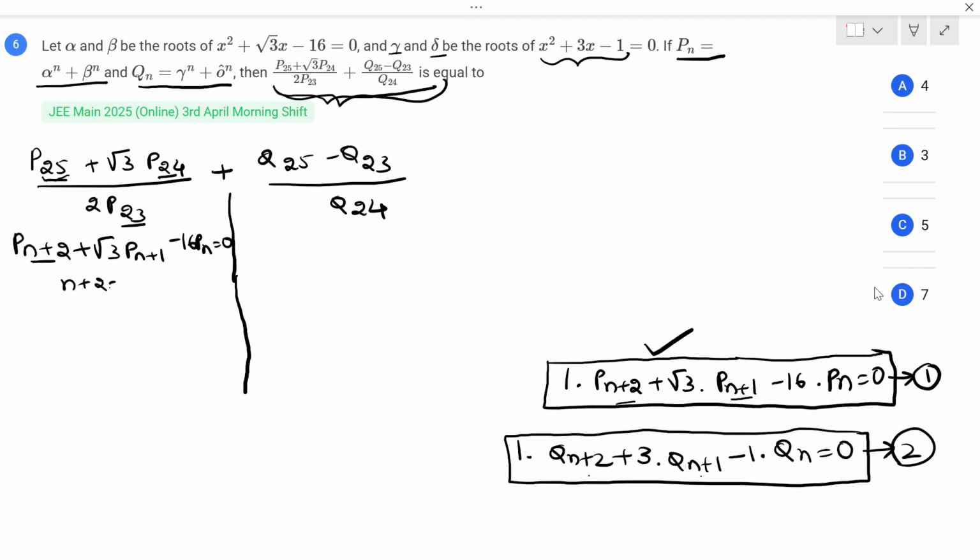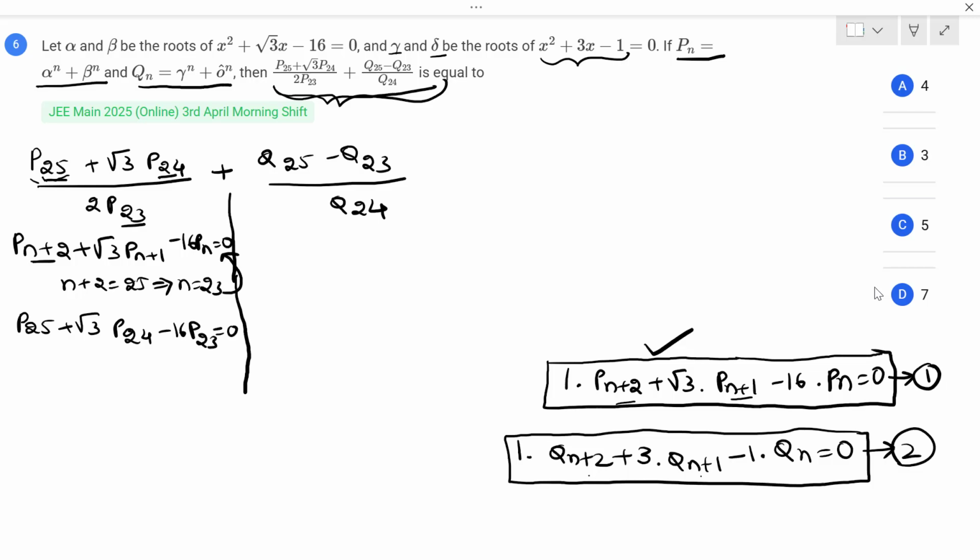So n plus 2 is equal to 25, which means n has to be 23. Substitute n equals 23 in the equation. So that is P25 plus root 3 times P24 minus 16 times P23 is equal to 0.